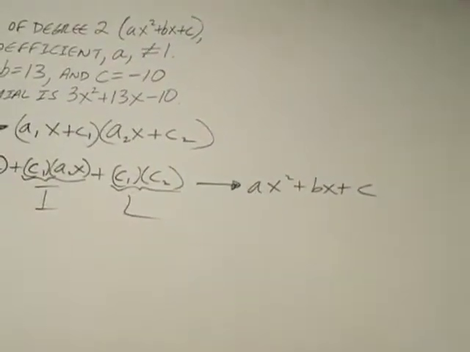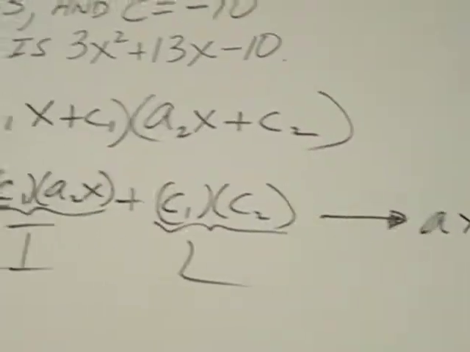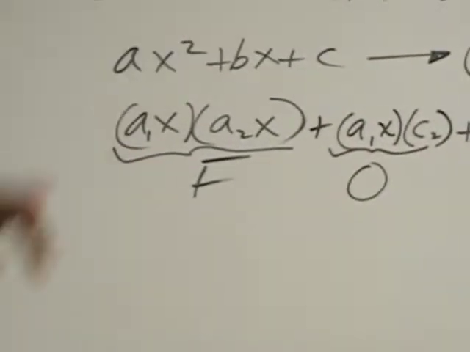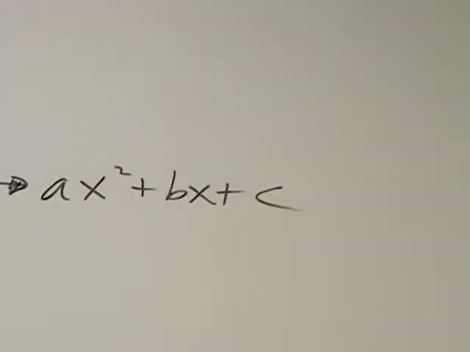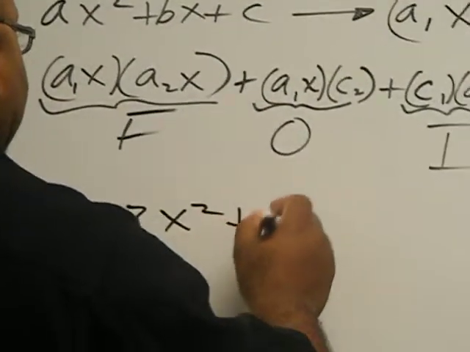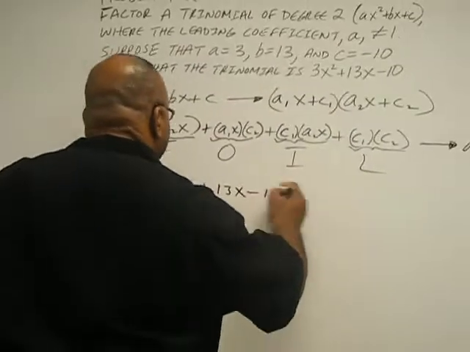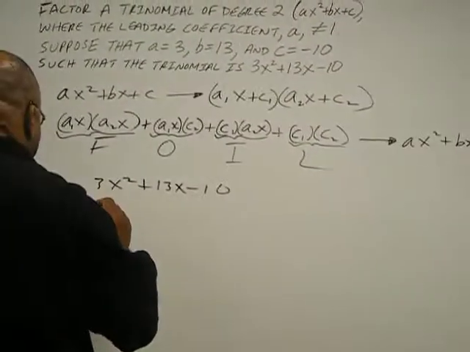Now, in dissecting and decomposing this trinomial, we need to make a set of parentheses. So we got, again, 3x squared plus 13x minus 10. We're going to decompose that into 2 sets of parentheses.